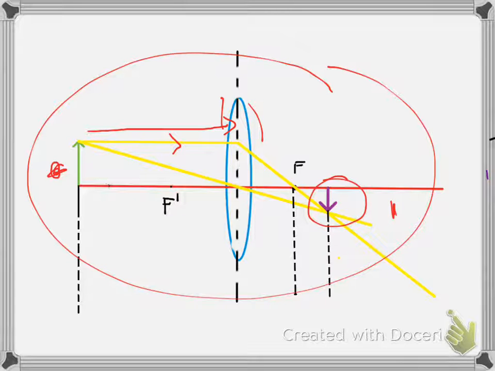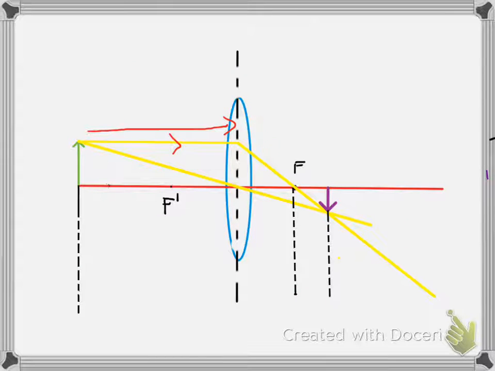This is all based on similar triangles. So the similar triangles that we would be concerned with, you would look at, say, this triangle here. That triangle is similar to the triangle that's right next to it.